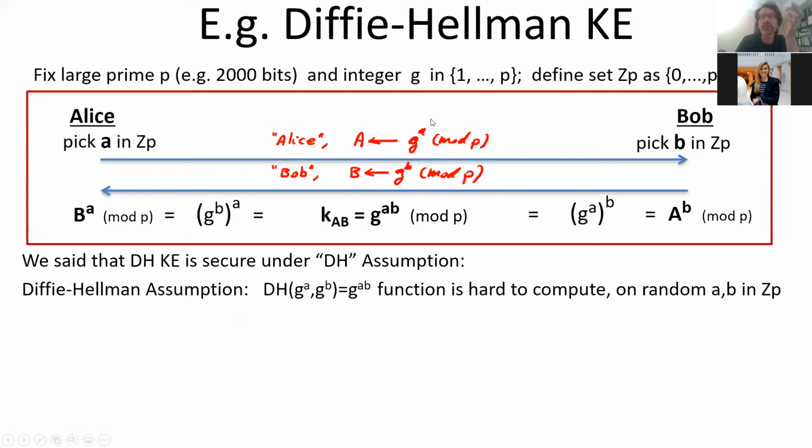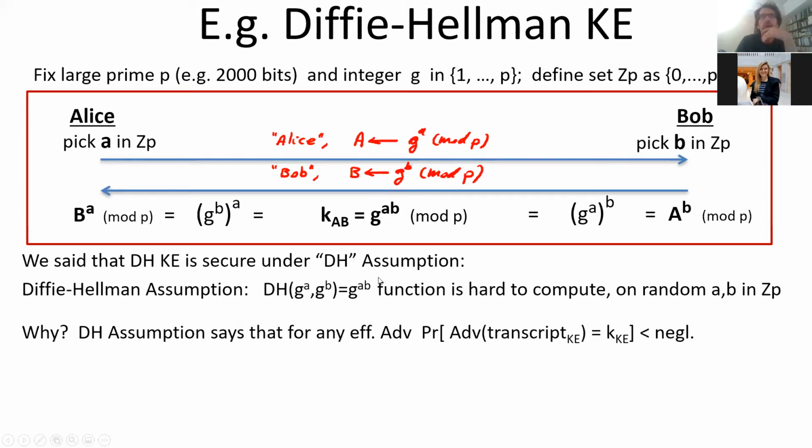He gets this transcript, and the Diffie-Hellman assumption says that if you get two random elements like this, computing this function is infeasible for a polynomial time attacker, except with negligible probability.